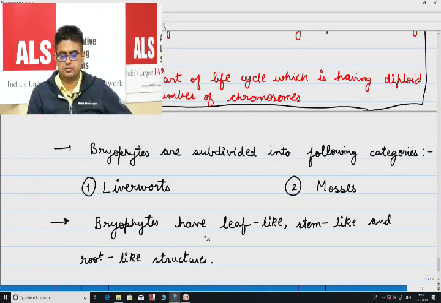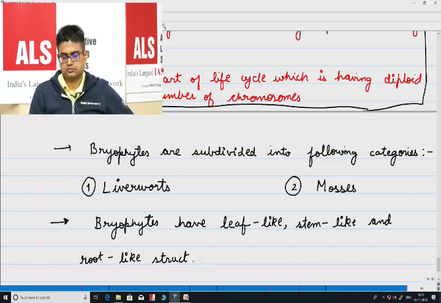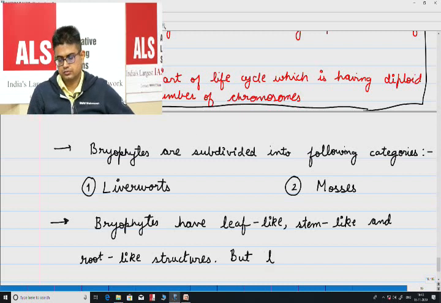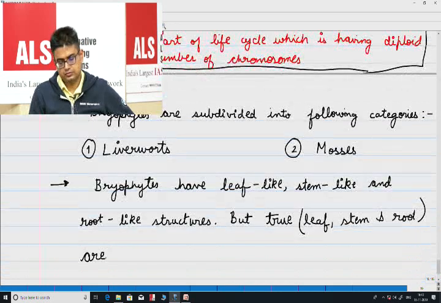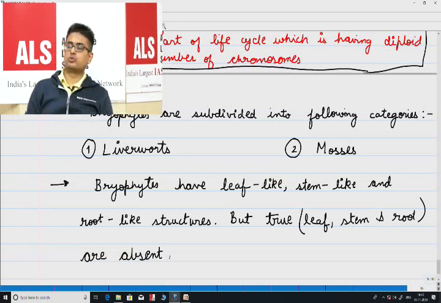They have these kinds of structures, but true root, stem and leaf are absent. Only leaf-like, stem-like, root-like structures are present.